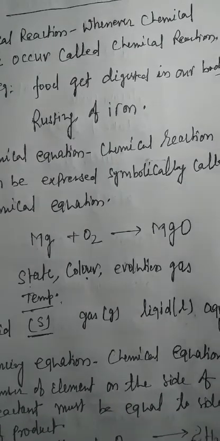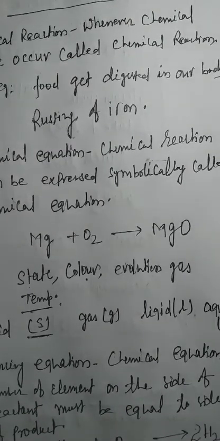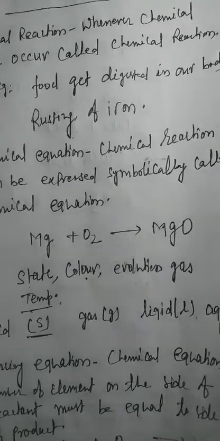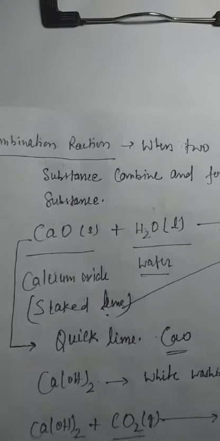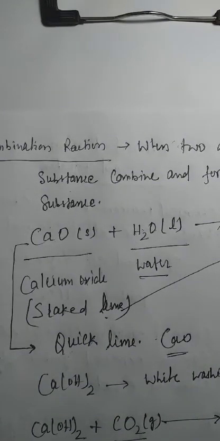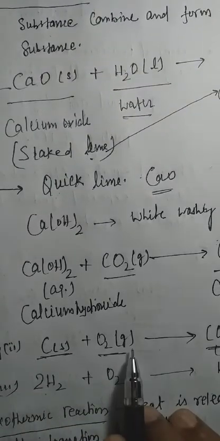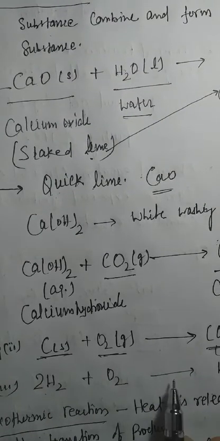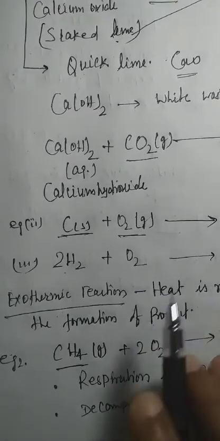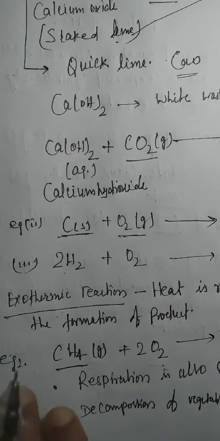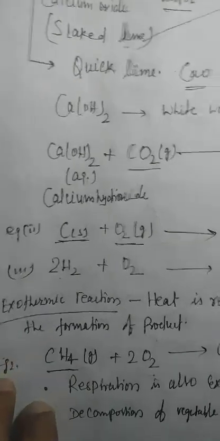Next is the combination reaction, when two or more substances combine to form a new substance. I showed you a series of examples here. Burning of coal is one of the important ones, then formation of water, and last we covered the idea of exothermic reaction: heat released with the formation of product.